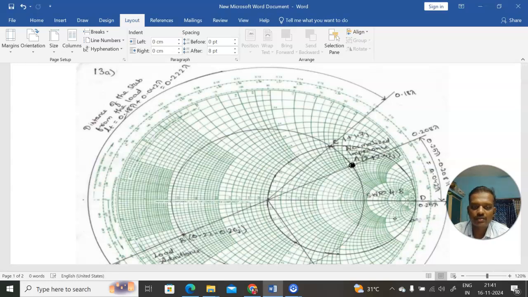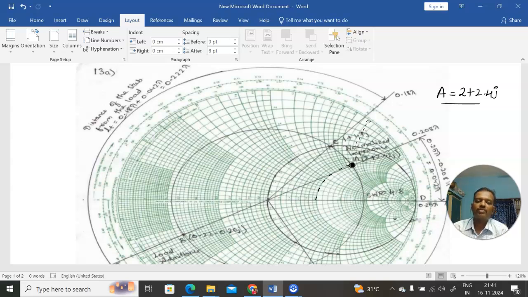So from this point it will be your 2. So a dotted line, and on the upper side you will be getting it as 2.4. So this is 2, 2.2, 2.4. So like that. So this will be our A. So our A is nothing but 2 plus 2.4J.